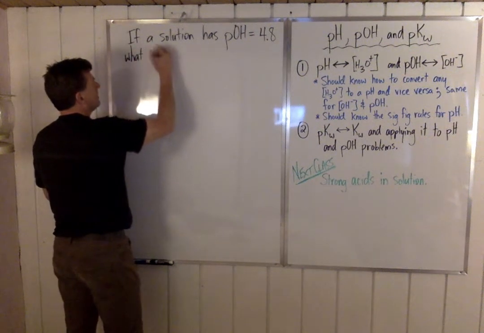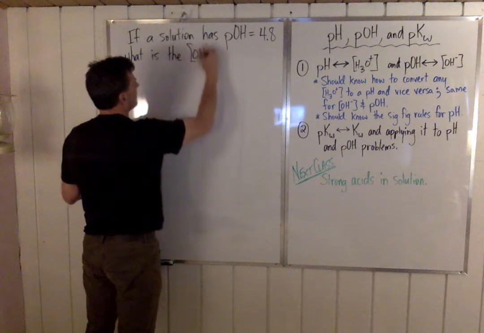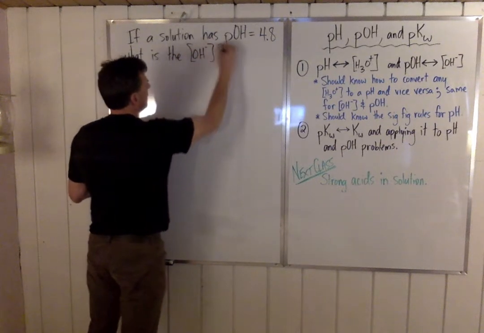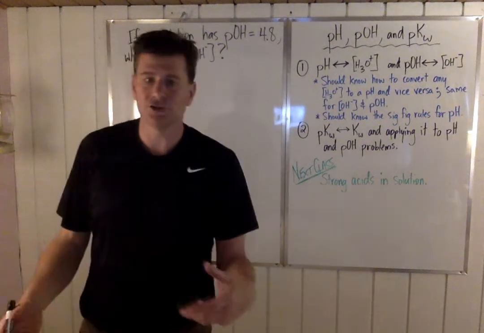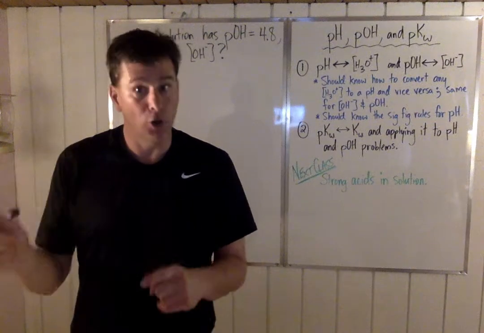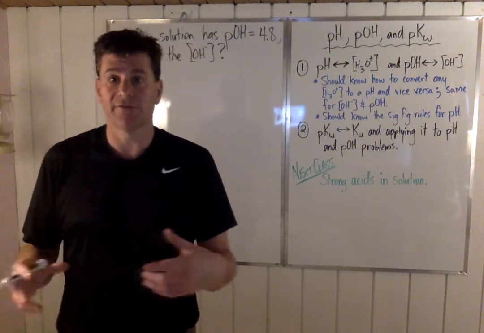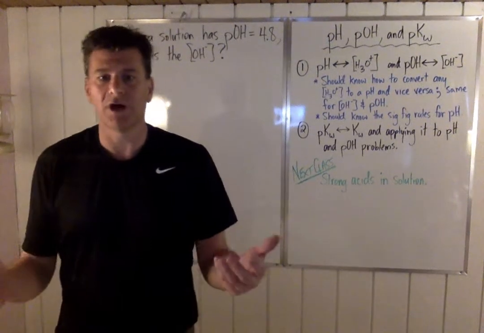What is the hydroxide concentration? Okay, so you've got a solution, measures a pOH of 4.8. pOH, right? So the negative log of the hydroxide concentration. I'm asking you, what is the hydroxide concentration?